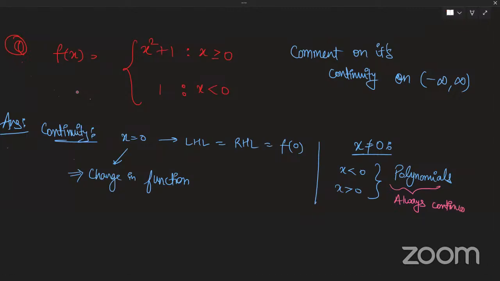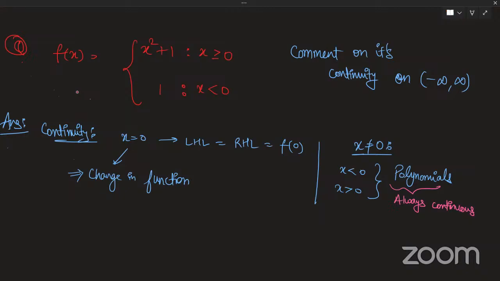So I don't need to check at any other point rather than x is equal to 0. I can just directly say that it is continuous. I need to check at x is equal to 0 because the function is changing, right? It is converting from one function to another function.